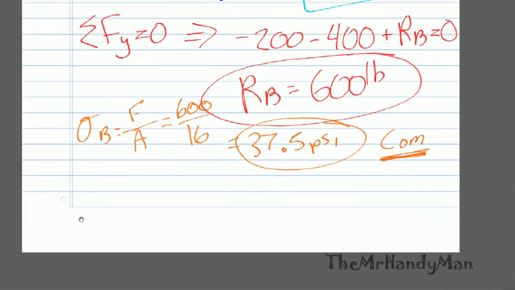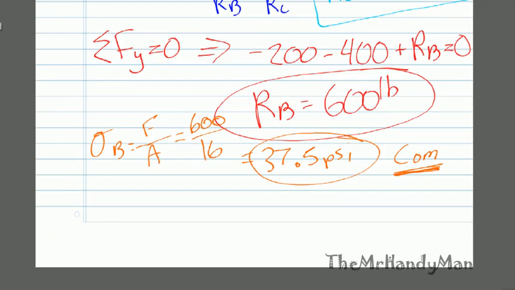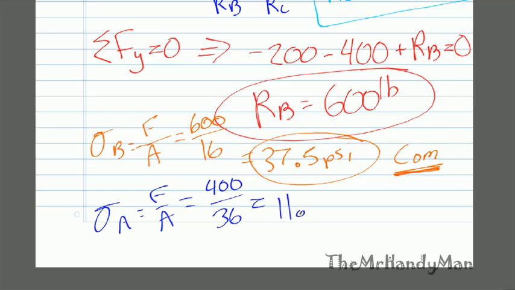Diving real quick into the final one, you have C, which is force over area, which is 400 over 36, which, calculating that out, is 11.11 psi.